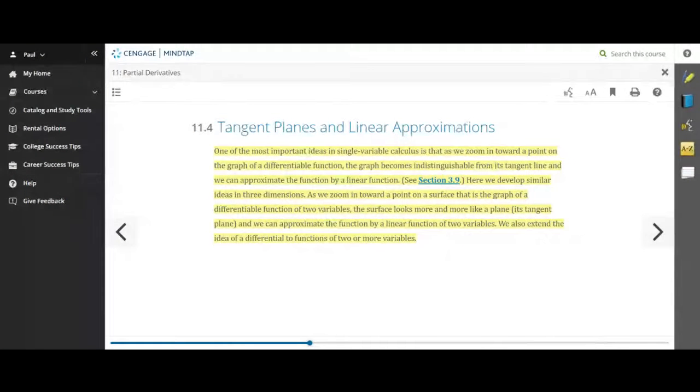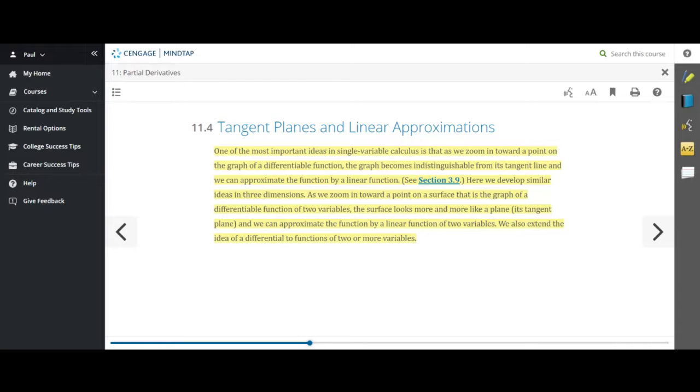So one of the most important ideas in calculus is that as we zoom, so we're talking in section 11.4 about tangent planes and linear approximations. Remember in calculus, if you zoom in towards a point on the graph of a differentiable function, the graph becomes indistinguishable from its tangent line, and we can approximate the function by a linear function.